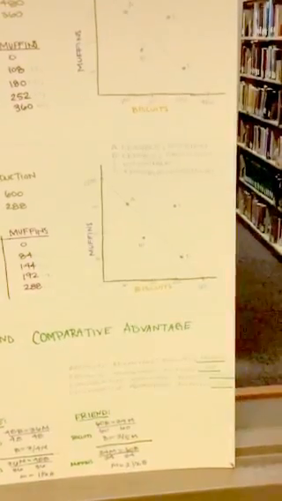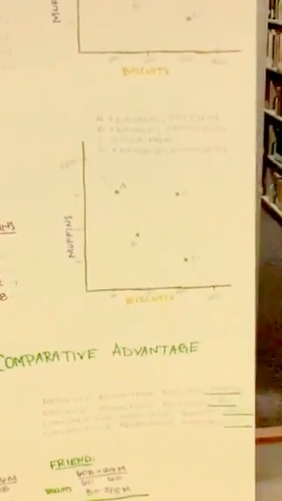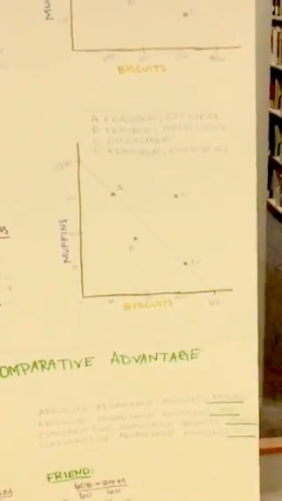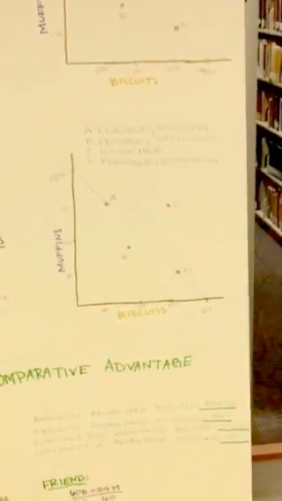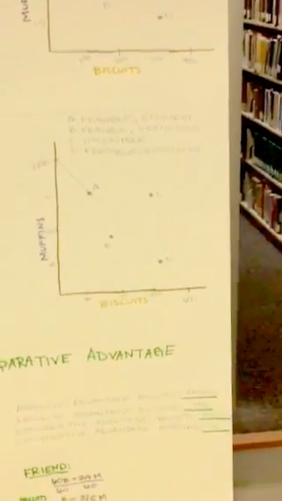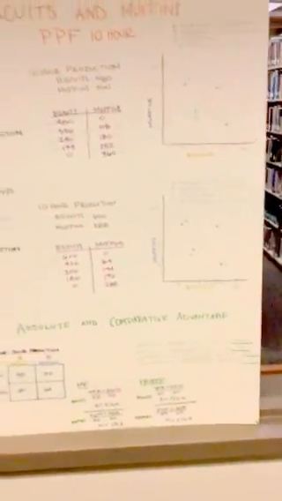C is infeasible because it would be too much production within her 10-hour range. D, feasible, efficient, being on the PPF line and balancing her two goods. And that will be my friend's side of the production.